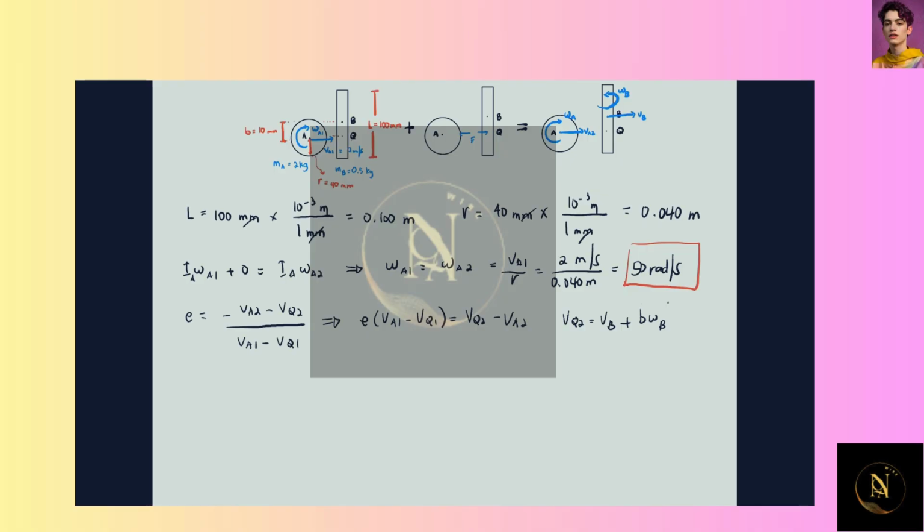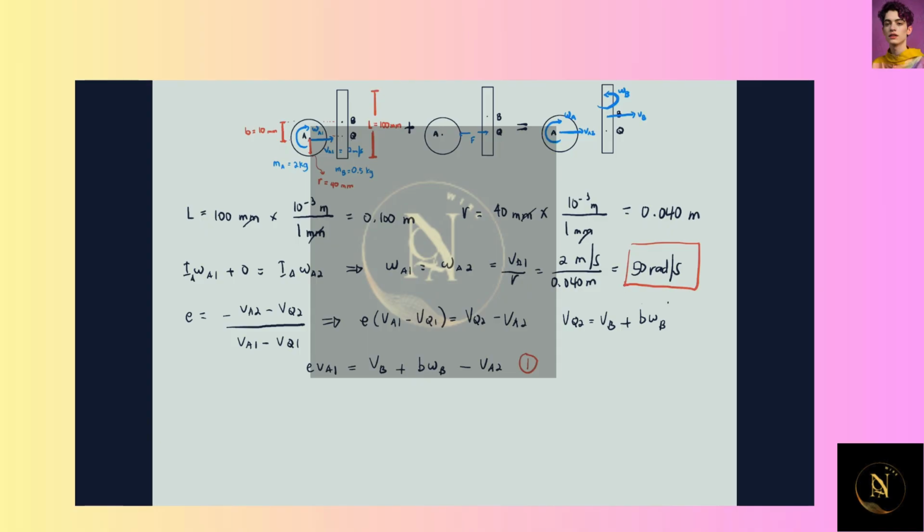Replacing vq2, our equation would be e va1 equals vb plus b omega b minus va2. So this is our equation 1.